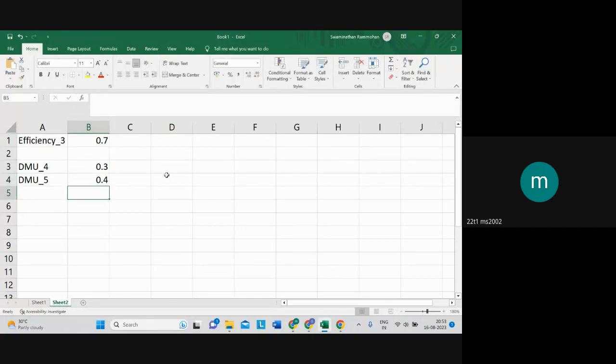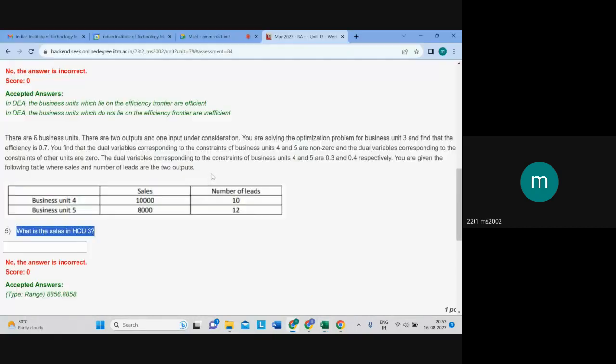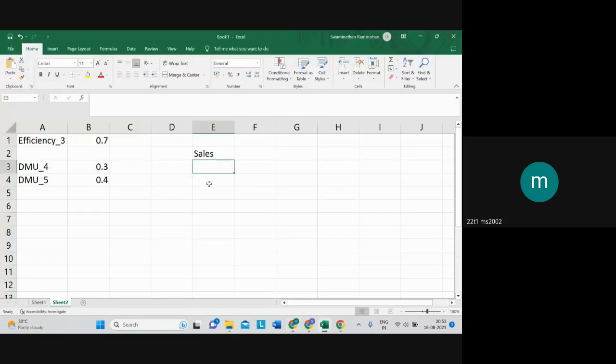Now you have sales as an input and sales as an output, where you have 10,000 and 8,000.